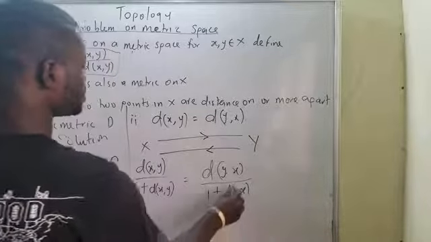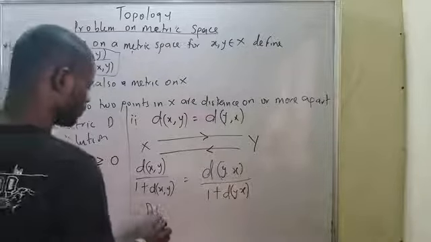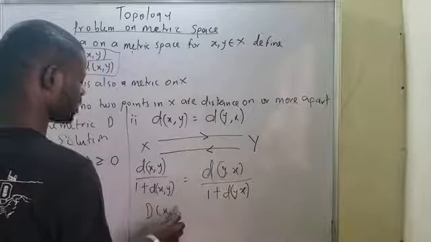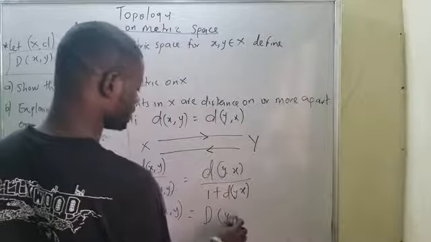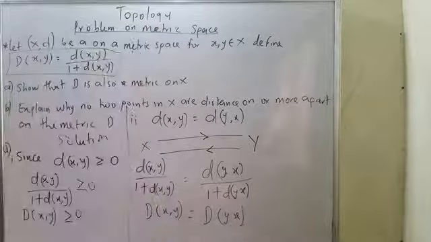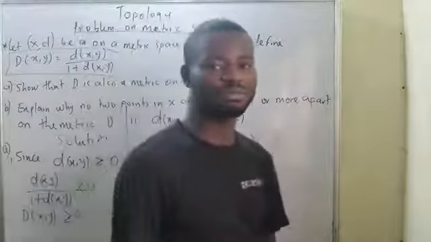That is what I am trying to explain to you. It means d of x, y will be equal to d of y, x. Now, I think I've shown the first and second properties of a metric space.